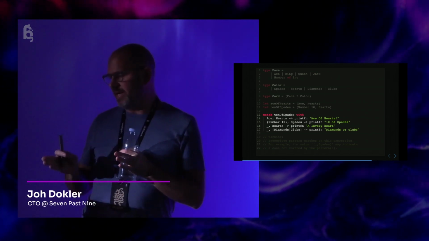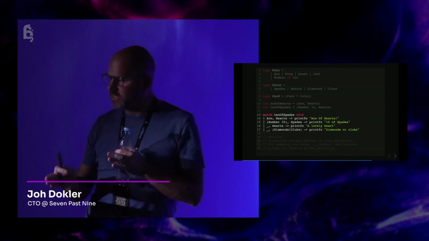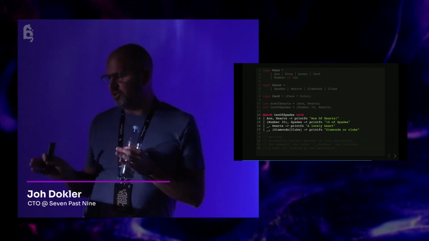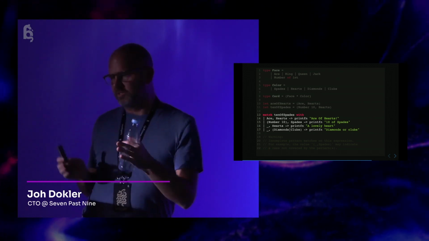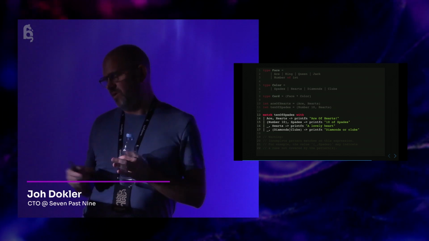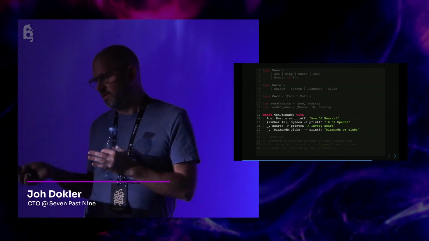And we match 10 of spades, in this particular case, with, and then we list these different options, right? One is ace hearts, so we deconstruct the tuple, and then we print what it is. And again, number 10, spades.